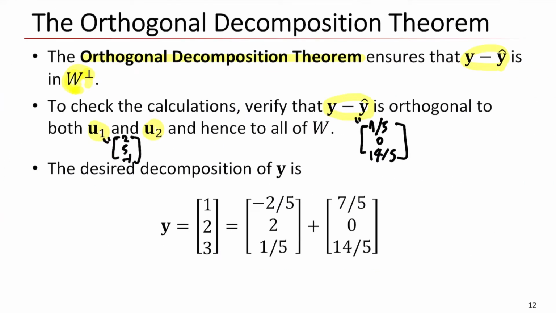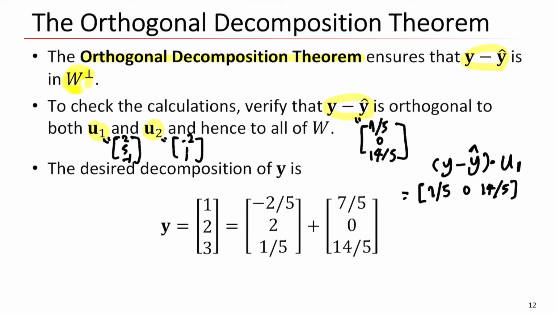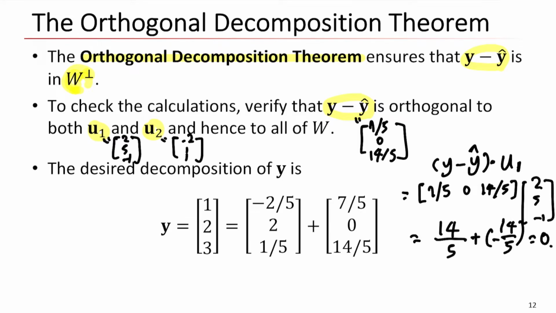2, 5, negative 1. 2, 5, negative 1. Negative 2, 1, 1. So you can easily verify y minus y hat times u1 and 7 5 0 5 0 0 with 2, 5, negative 1 and 5 3 0 plus minus 3 0 0 5, which gives zero, right?